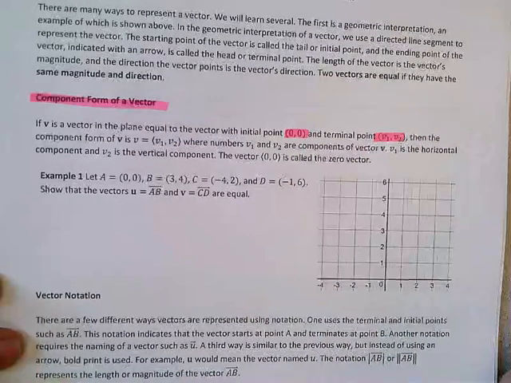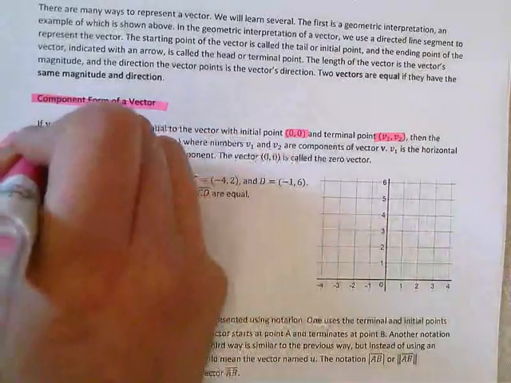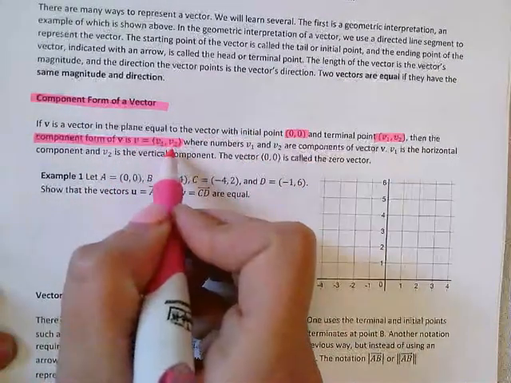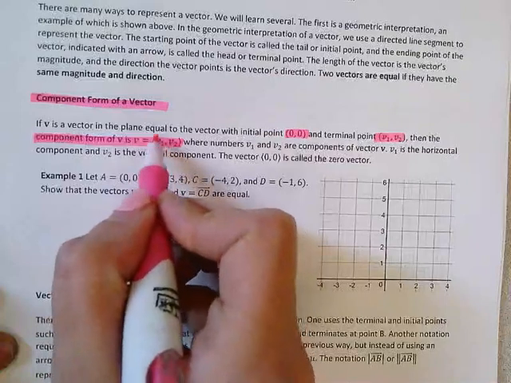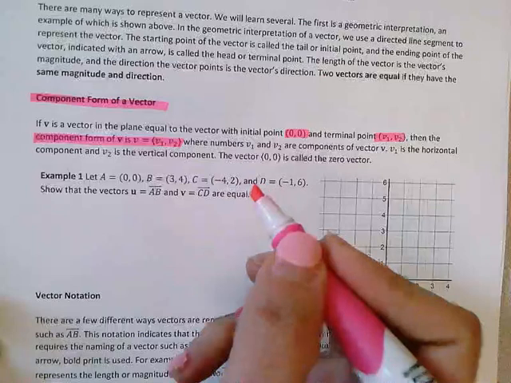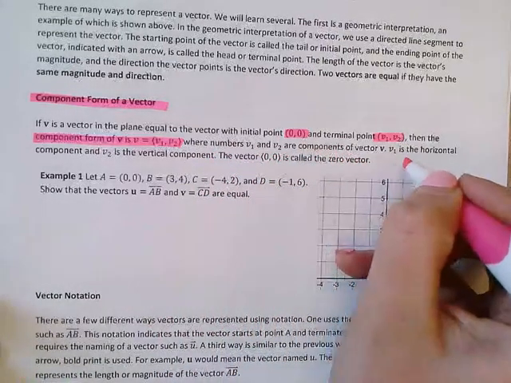Then the component form of v is written as ⟨v1, v2⟩. It's written kind of like a point, but instead of parentheses you have these pointy brackets, where the numbers v1 and v2 are components of vector v.